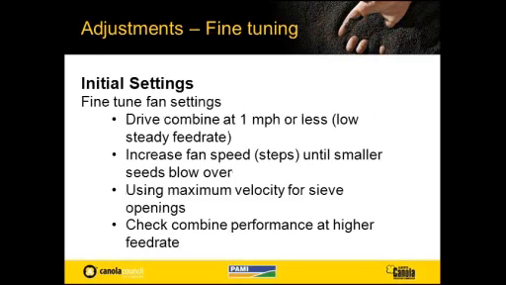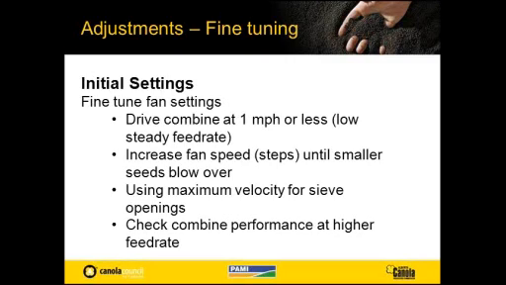Here's what I do for setting the fan. Basically, I get my driver to drive at about 1 mile an hour, so that there's a low, steady feed rate, and then for whatever chaffer and sieve settings I've got, I keep getting him to bump the fan speed up until a few seeds start to blow over. And this is just very few, not a lot.